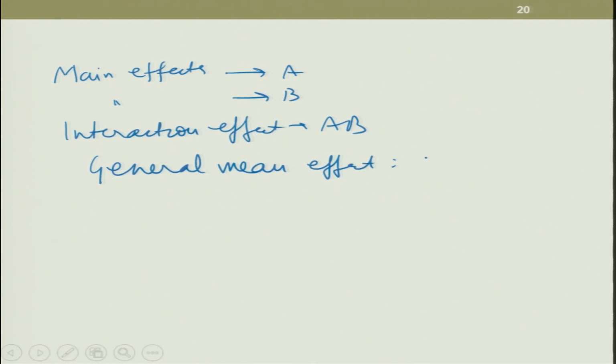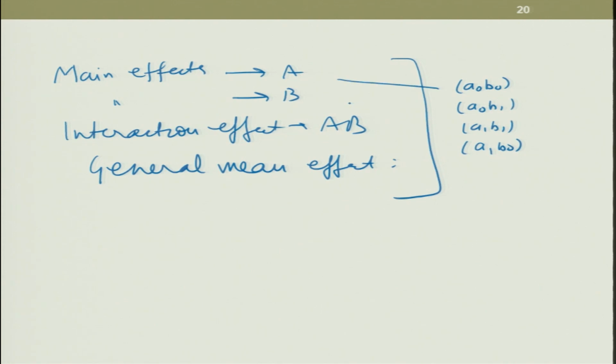All of these have been obtained using only the 4 values A0 B0, A0 B1, A1 B1 and A1 B0, and the AB and general mean effect can be found from different combinations of these 4 values.